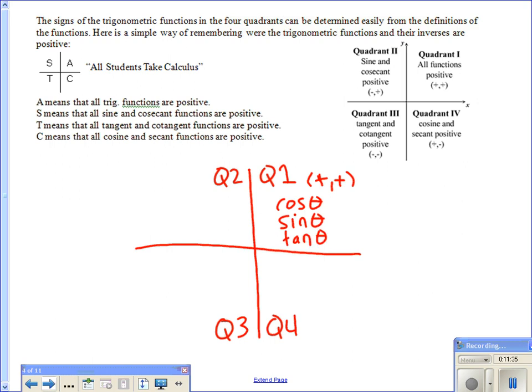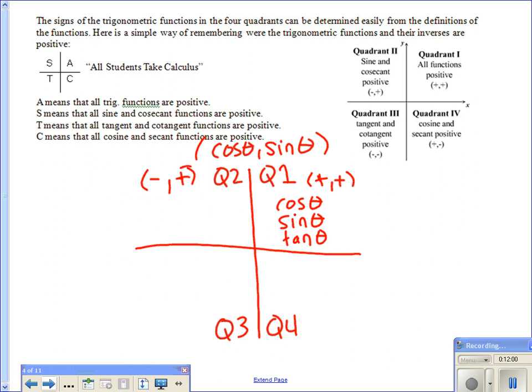are also positive. In quadrant 2, we have a negative x value and a positive y value. Remember that we have cosine theta, sine theta, so x is negative. If x is negative, then cosine is not positive in quadrant 2, and tangent can't be positive in quadrant 2 either.